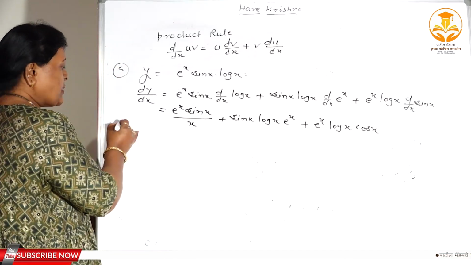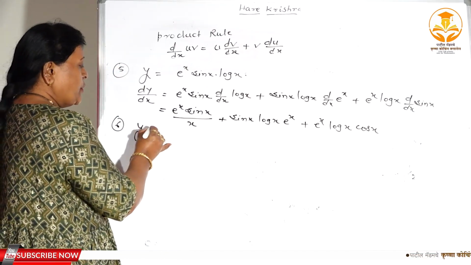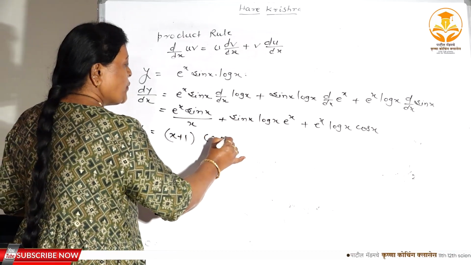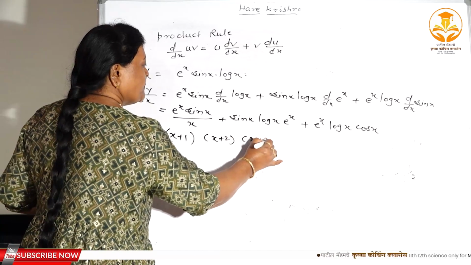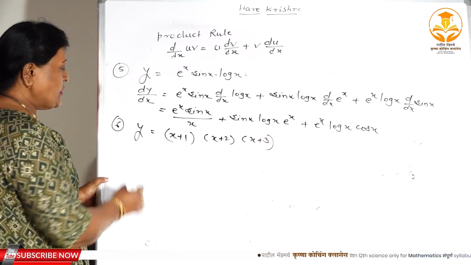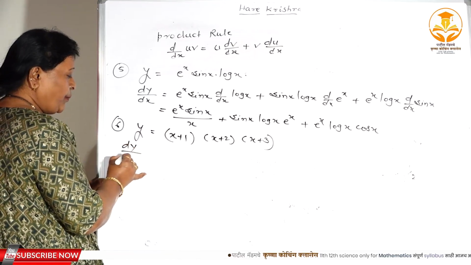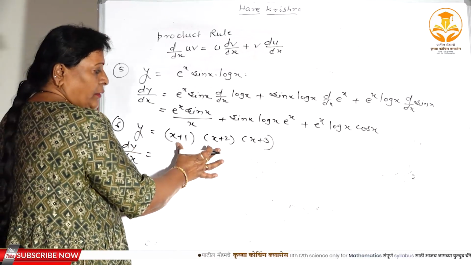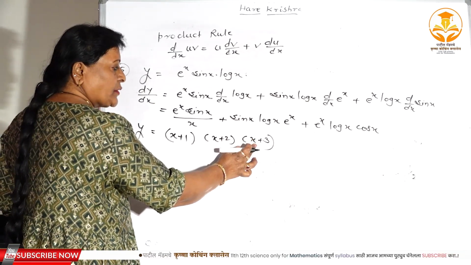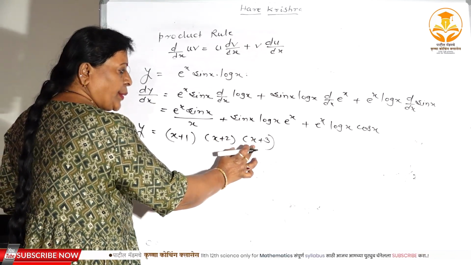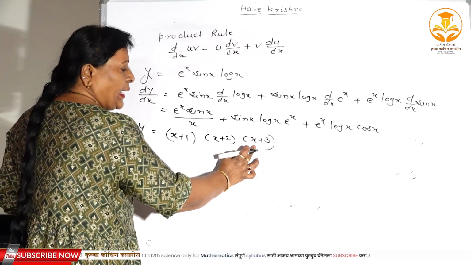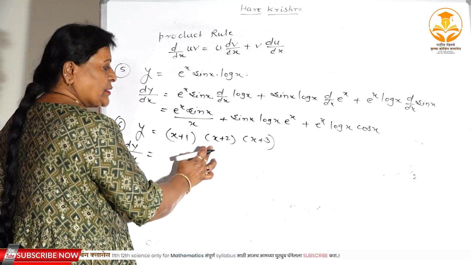Right? Sixth one again, y is equal to, suppose, x plus 1, x plus 2 and x plus 3. Again the three functions get multiplied. See how will you do this? dy by dx. Here again the two brackets remain as it is, take the derivative of the third function. Again second and third function remain as it is, take the derivative of the first. Again first and third remain as it is, take the derivative of the second function.